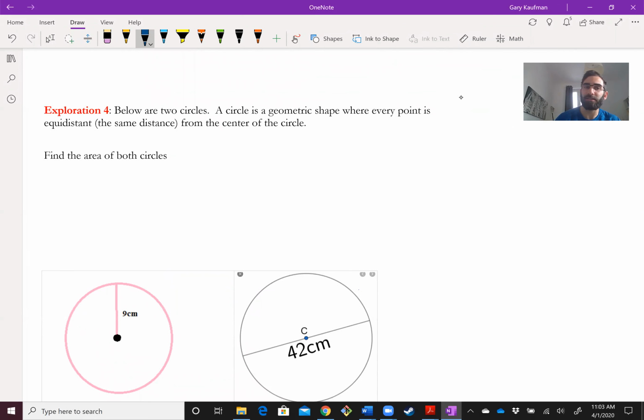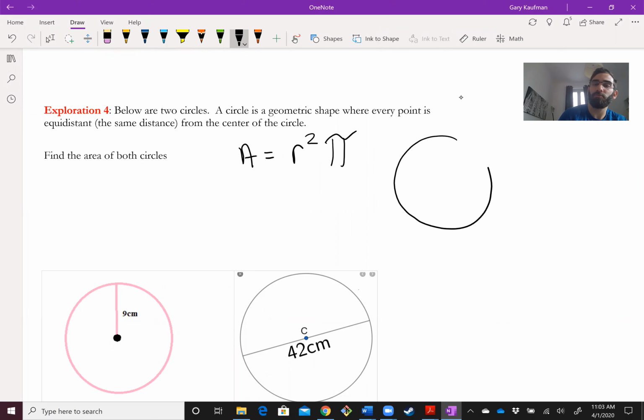So last but not least, circles. The area of a circle is the radius squared times pi. Now for a circle, the radius is from the center out to the side.